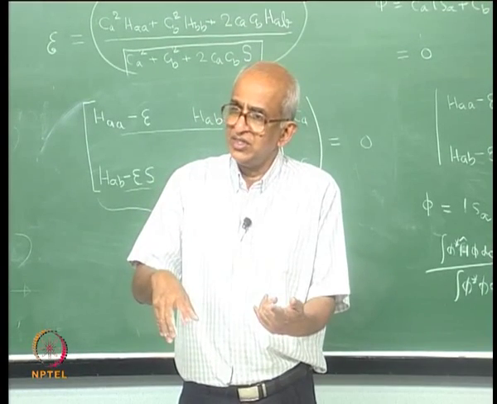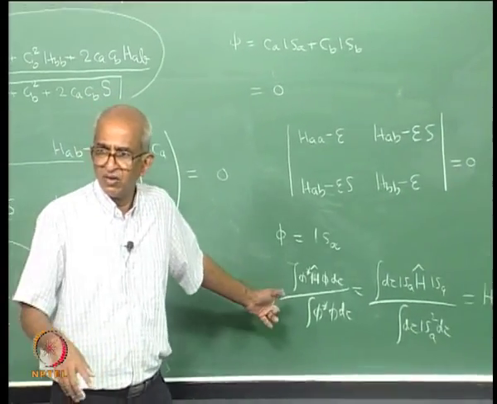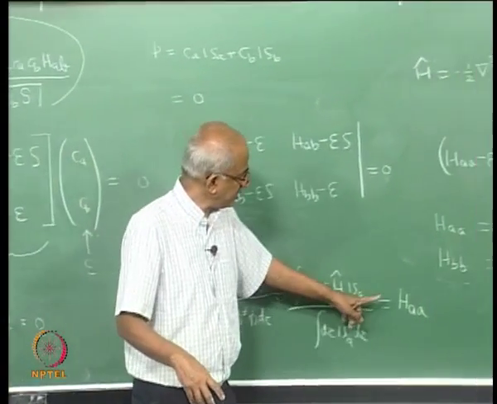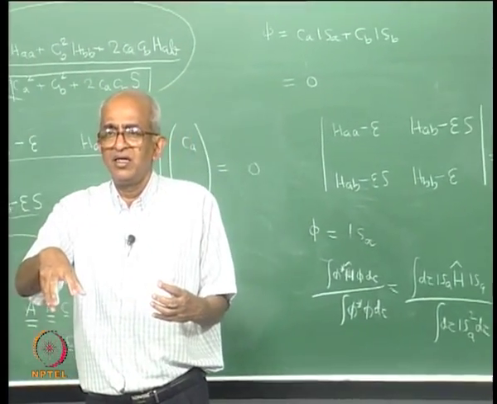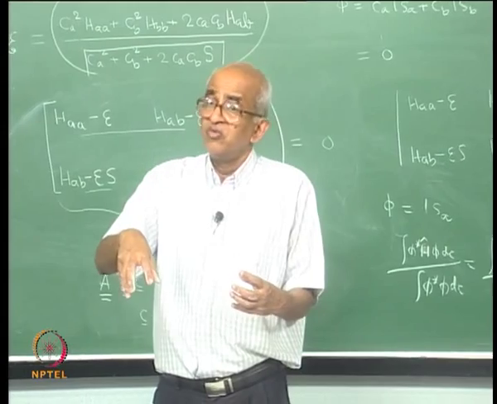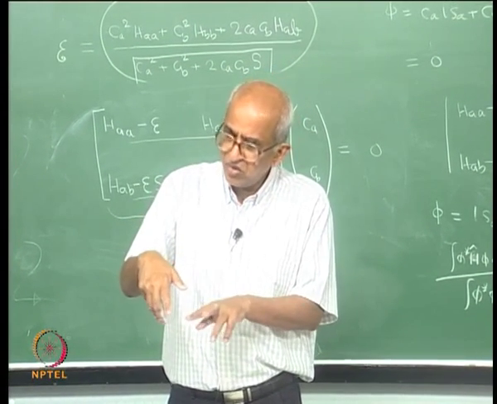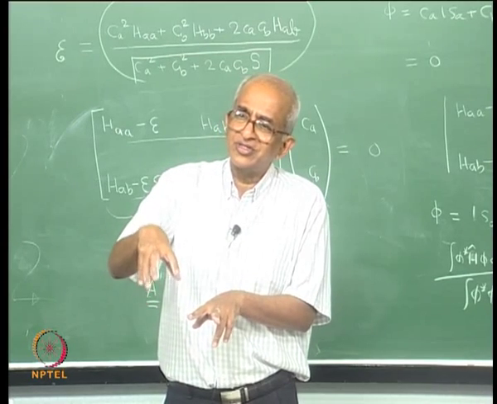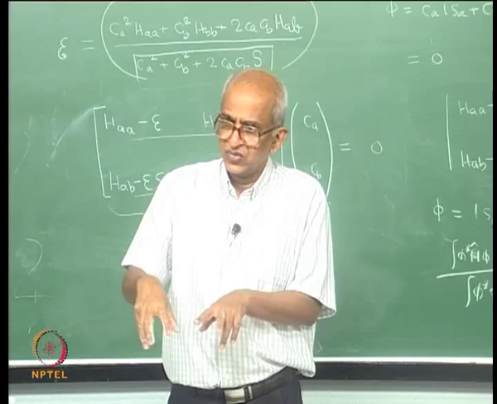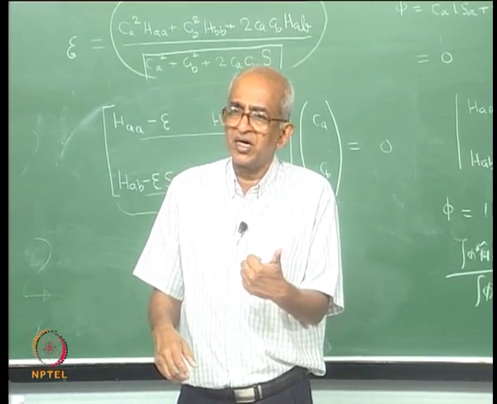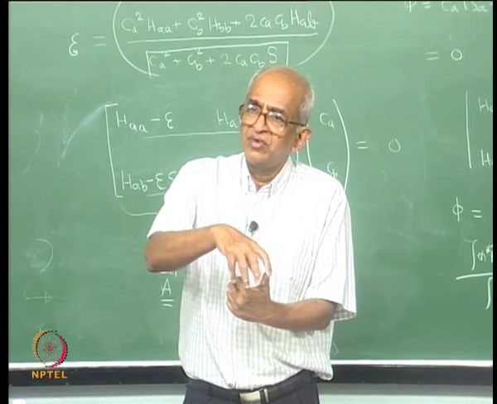Then its energy would have been this integral, and therefore, I can say that HAA is the energy of an atomic orbital, right, which is in a molecule. So, it is the energy of an electron in the molecule, but forced to sit in the atomic orbital 1sa.